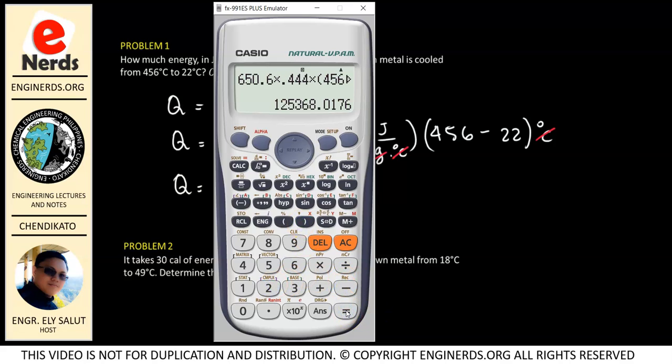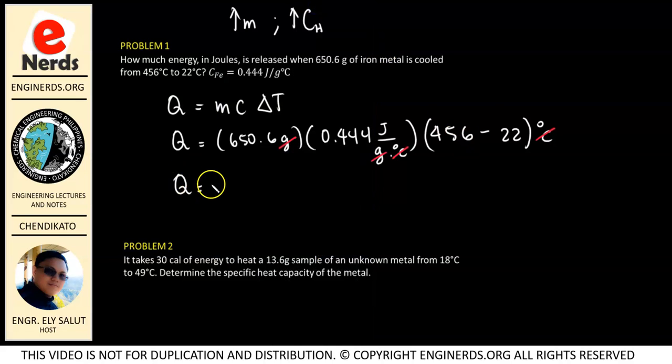Okay, so this is equal to 125,368.02. Okay, so we have 125,368.02 joules. So this is our answer for problem number 1.